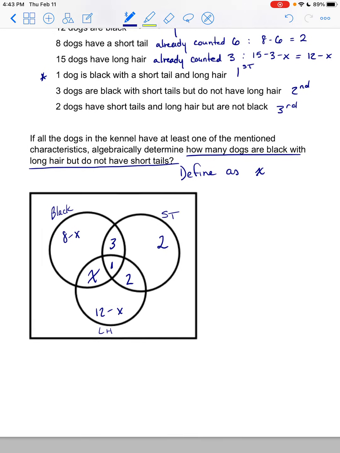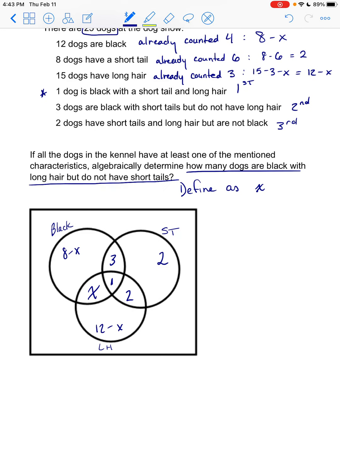If we're writing an equation, we'll say 25 dogs is equal to all of our black dogs plus all of our short tail plus long hair. And of course some are counted there twice, but we only need to enter in the numbers that we've just put in the Venn diagram.